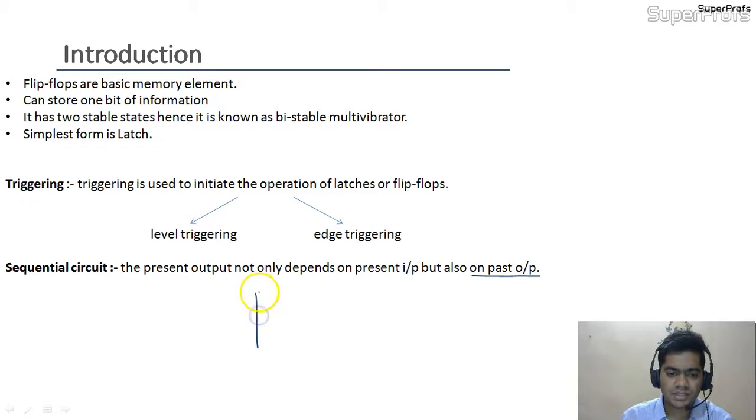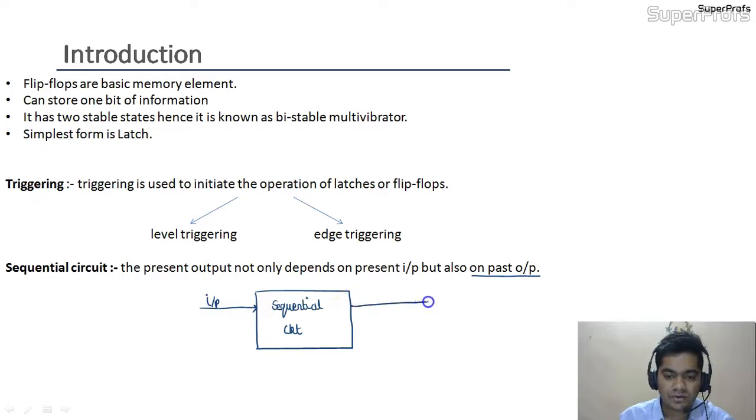Suppose we have a sequential circuit. Any circuit would consist of different types of logic gates. So if this is a sequential circuit and we give it an input, the output that we get would be this.